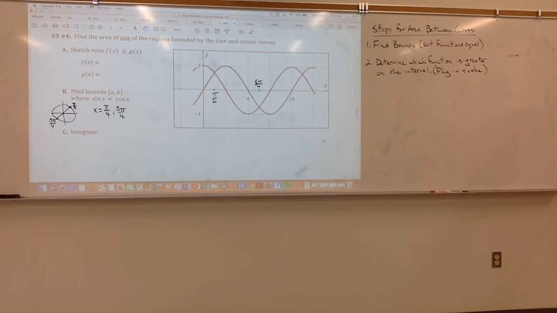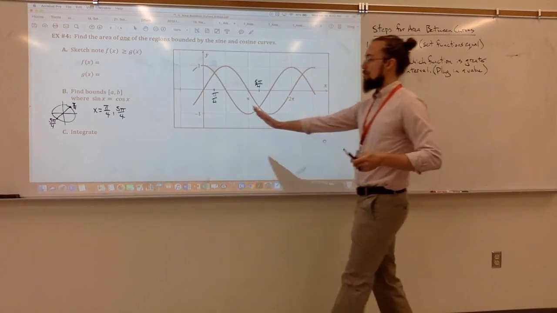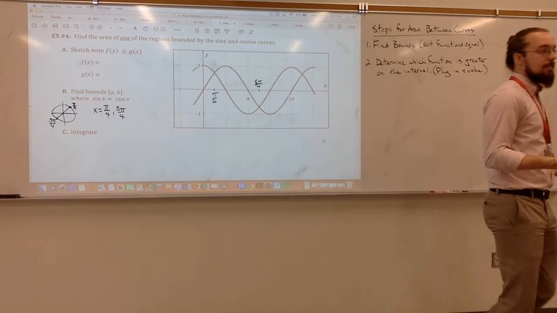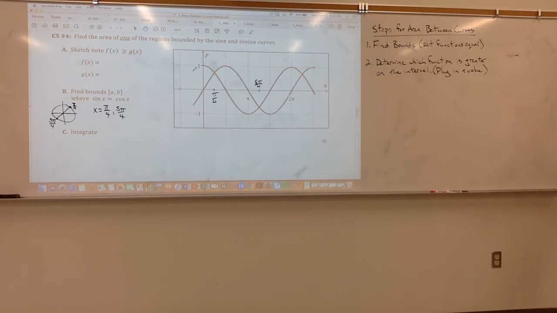Pick a value on that interval, plug it into both functions, and see which one's greater. Right? So my interval here we determined was pi over 4 to 5 pi over 4. Well, pi seems like it would be an easy value to choose in between those to plug into both functions.